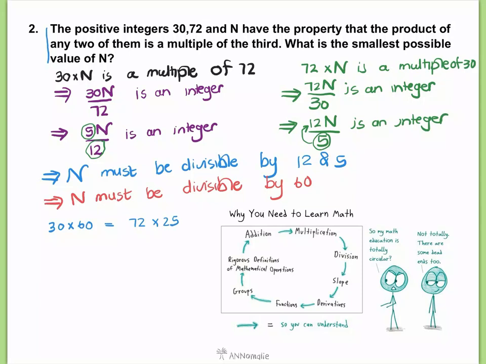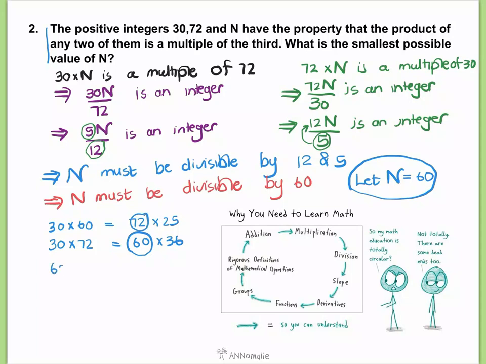So yes, if n is 60, so let n equal 60 as an initial attempt, we see that 30 times 60 is a multiple of 72. Likewise, 30 times 72 is 60 times 36. So that's a multiple of n. And lastly, 60 times 72 is 30 times 144.